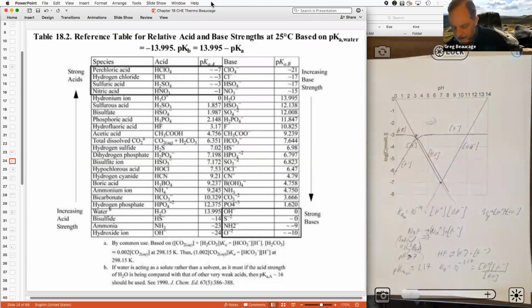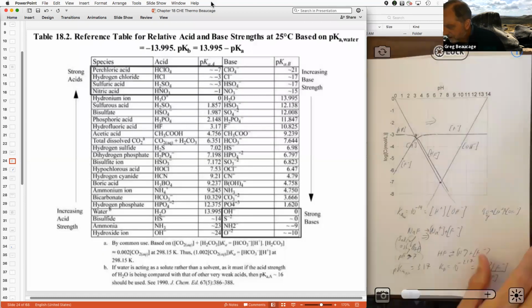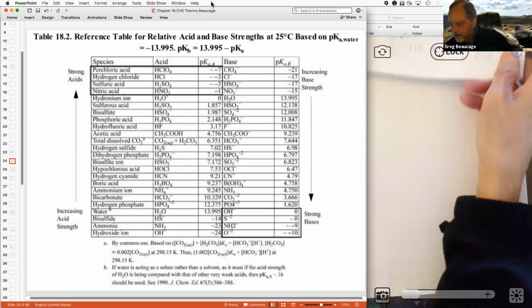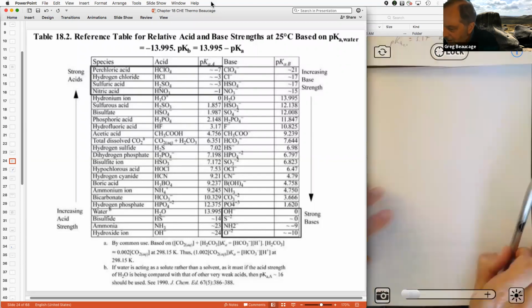So then you want to write down some stuff here. We already have the reactions, so we want to look at the knowns and the unknowns. Let me park this up here. You have these reactions.